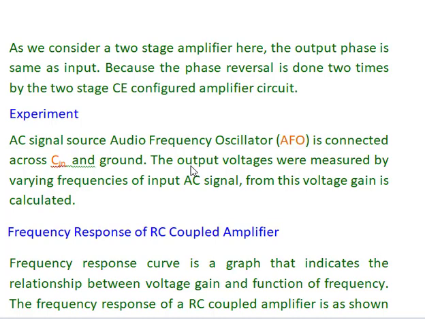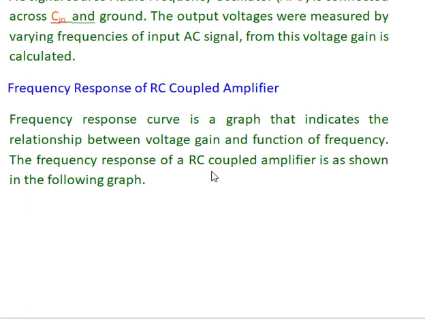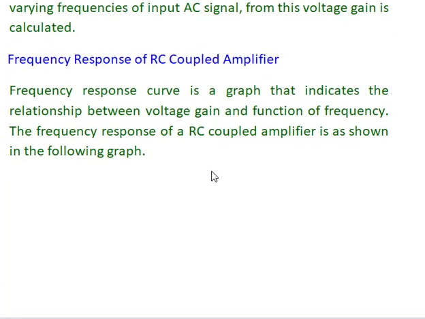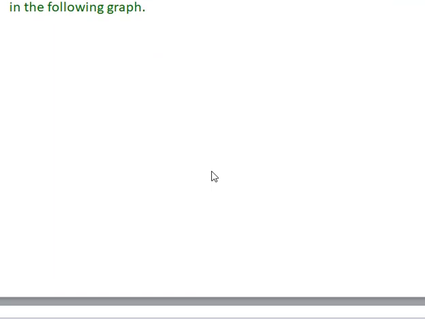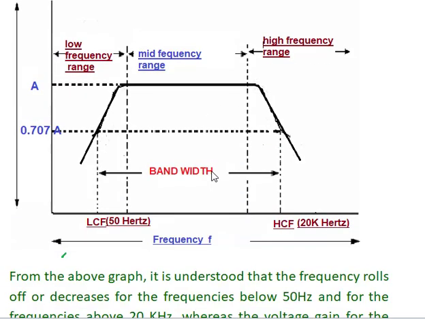From this input voltage and output voltage, the voltage gain is calculated, and a frequency response curve is drawn between the input frequency of the signal and the gain. See here, the frequency is taken on the x-axis, the gain on the y-axis. The graph is drawn like this.